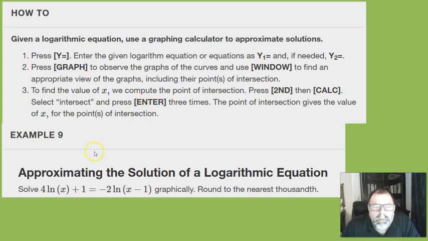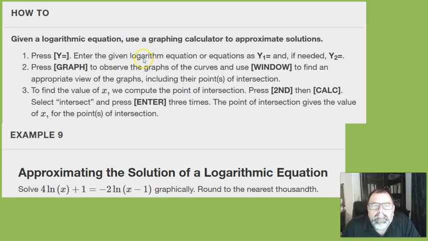We're going to use Desmos. I wouldn't ask this on the test unless I gave you the graph, because you can't use a graphing calculator on the final exam, but it's a good technique to know.